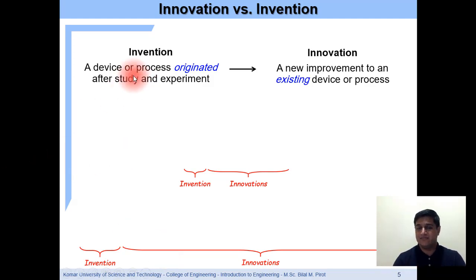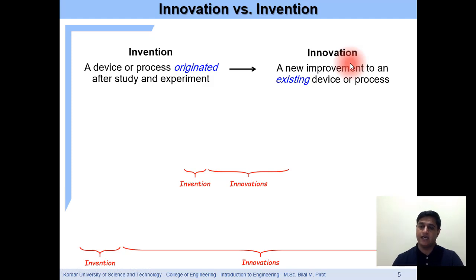Invention, a device or process originated after study and experiment. It means there is something that has been produced that has never existed before, but you or someone has found it based on study and experiment. This is called invention.